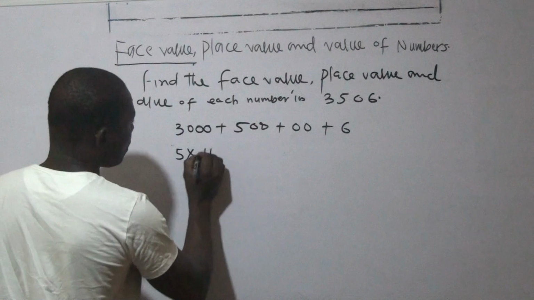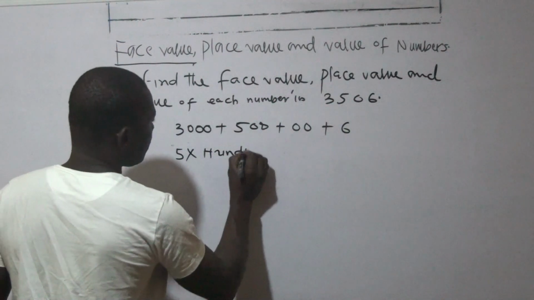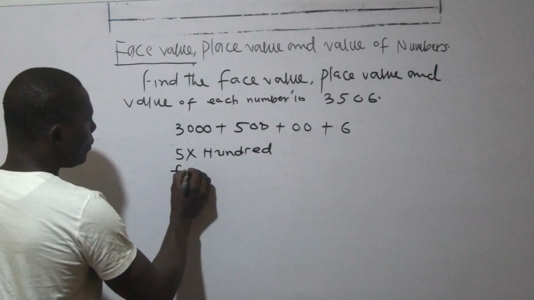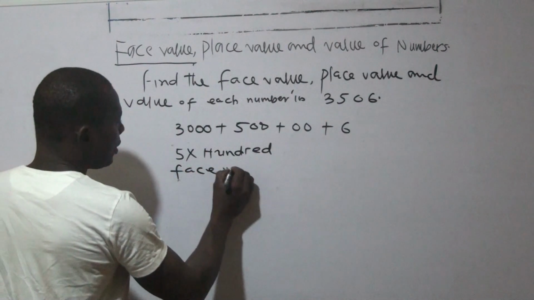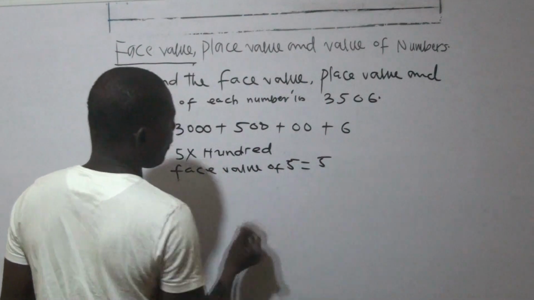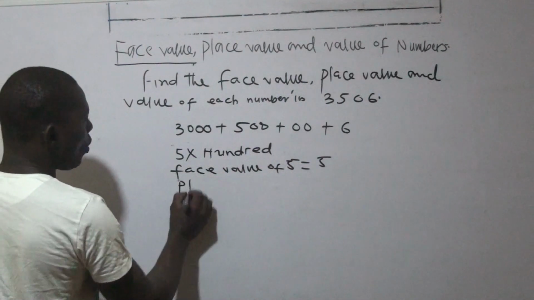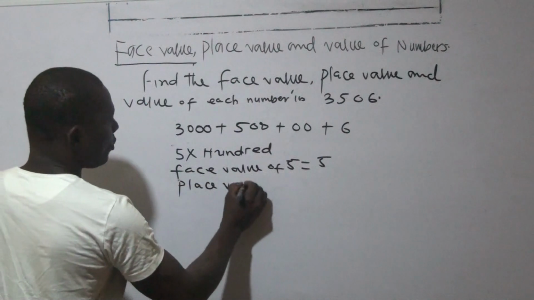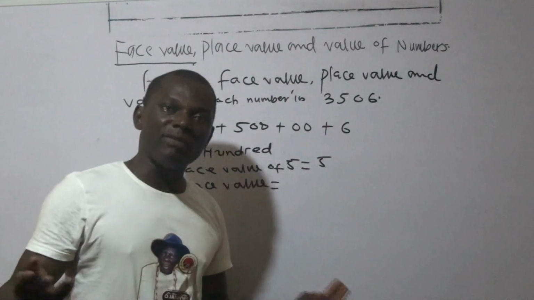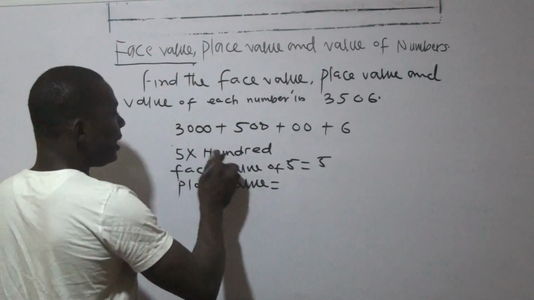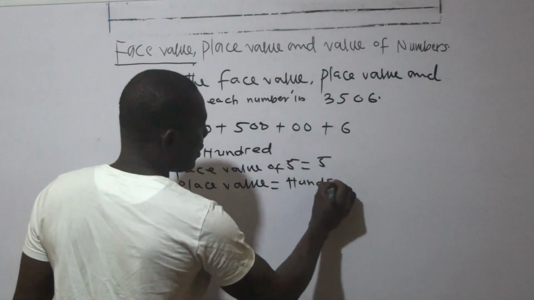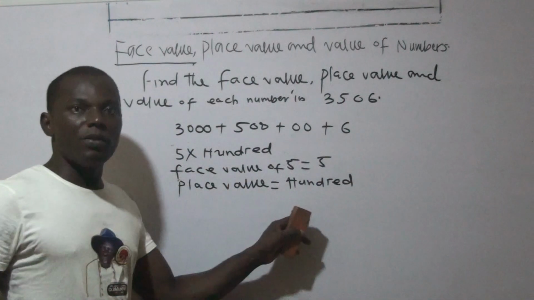The face value of 5 is 5. Then the place value, where is 5 standing? That is the meaning of place value. It's standing in the hundreds position. 5 is situated in the 100.